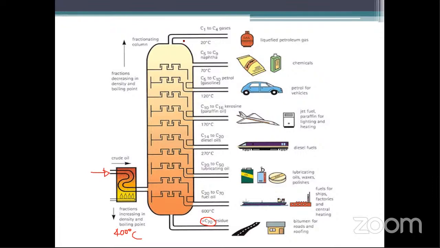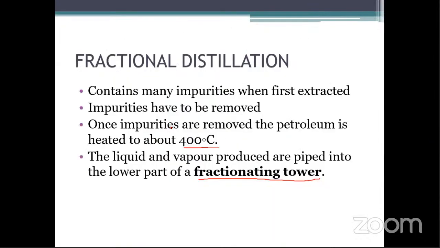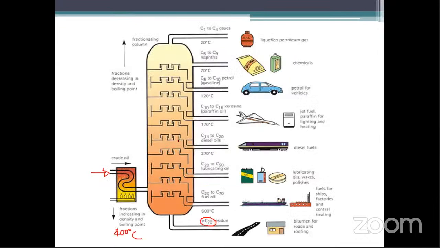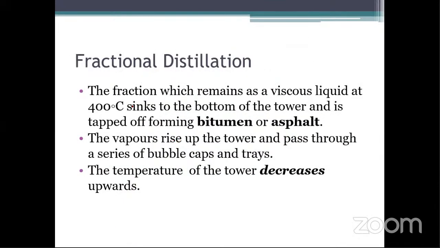So the ones with the lowest number of carbons are at the top, and they have the lower boiling point. And those at the bottom have very high boiling points. So the fraction which remains liquid at 400 degrees Celsius will sink to the bottom, and they tap it off, and they use it to make bitumen or asphalt.